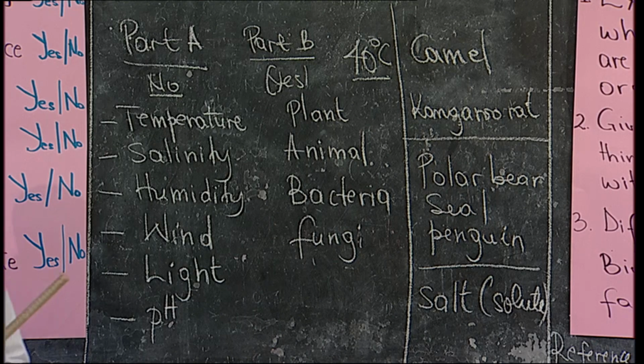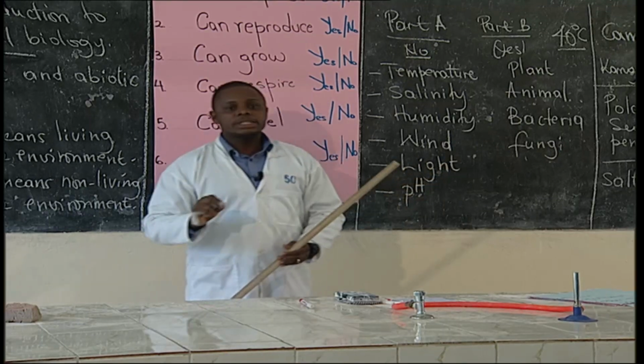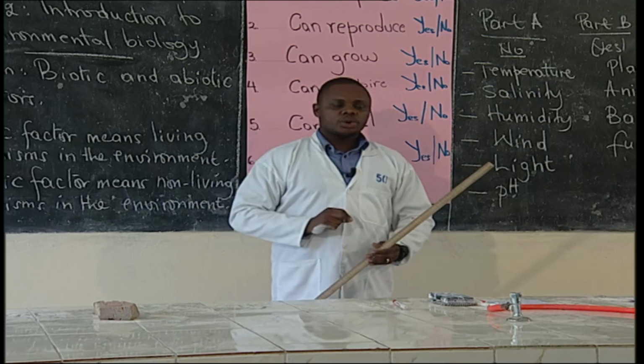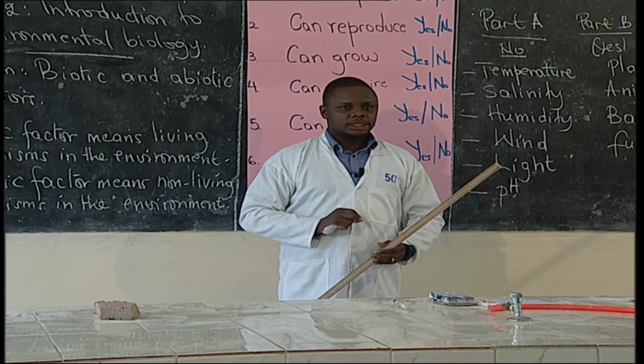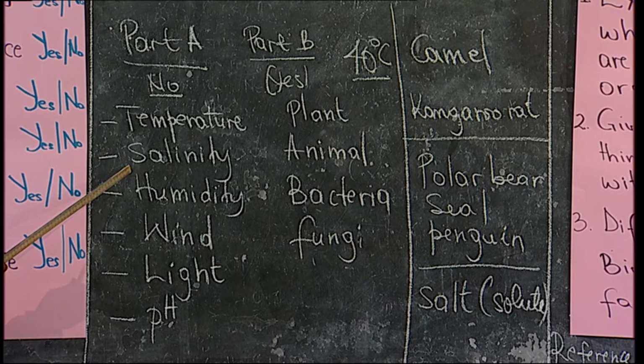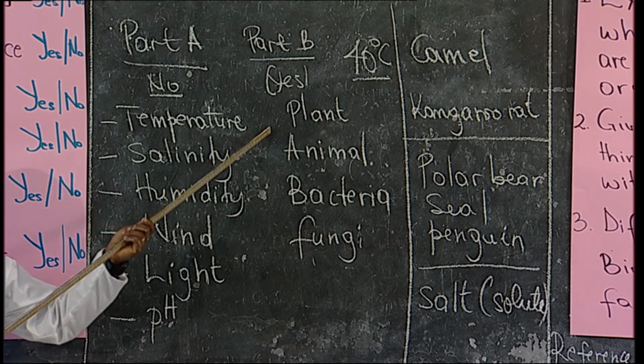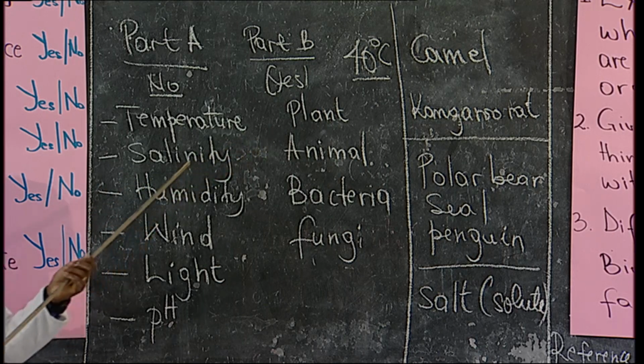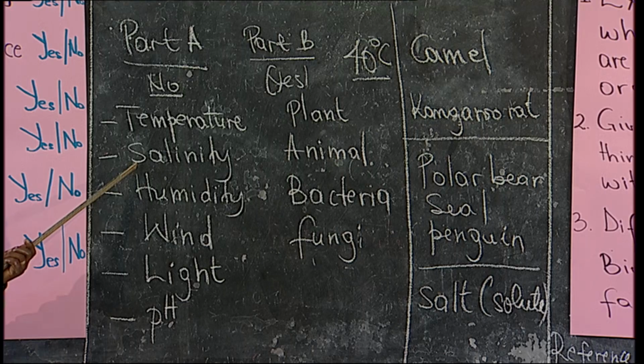Animals which live in fresh water bodies cannot survive in salt water bodies, which means salinity is another factor which affects organisms. Even we have plants which are adapted to live in salt environment and cannot survive where the salt is less.